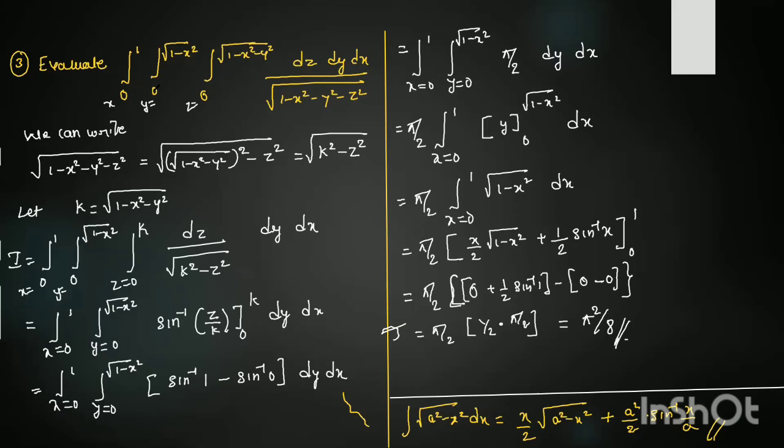The third topic is change of order of integration, how to change the order of integration. The fourth topic is changing to polar form. These are the main 4 topics you will study in double and triple integrals. Then after that, you will study applications like area and volume.